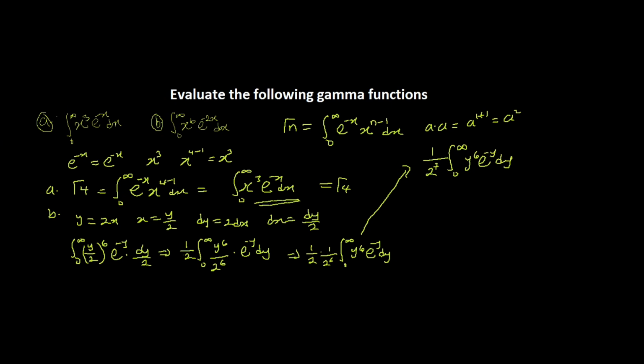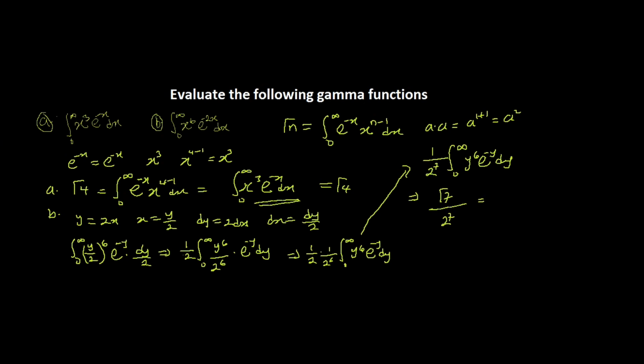Now this function is equivalent to gamma 7. So we are going to have gamma 7 divided by 2 raised to the power of 7.